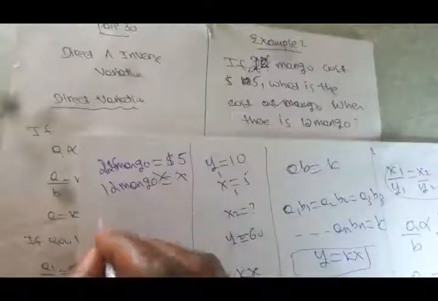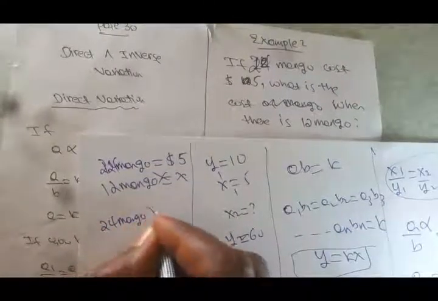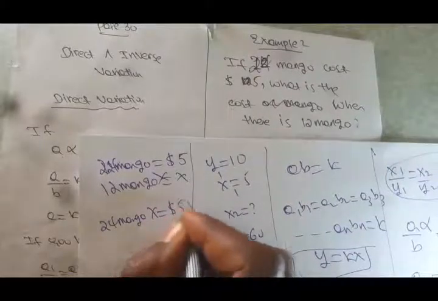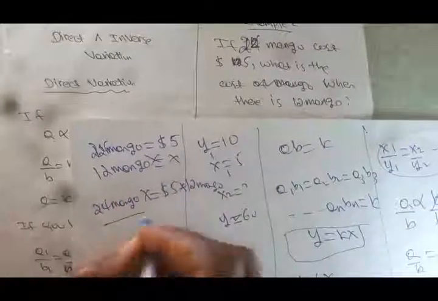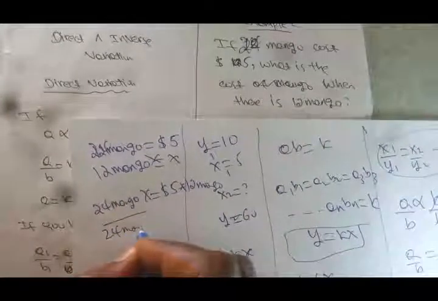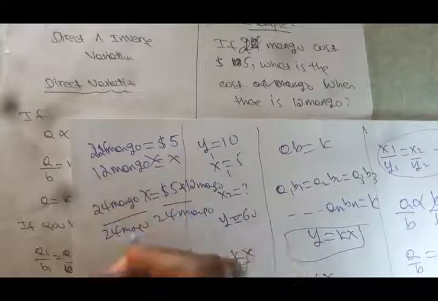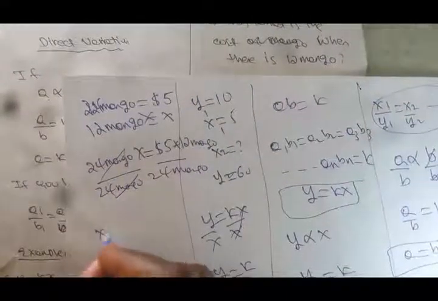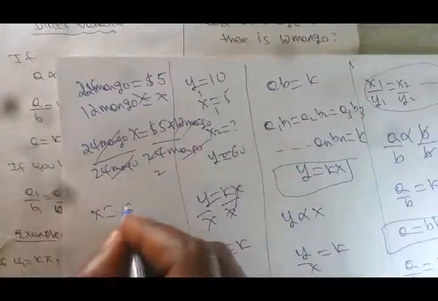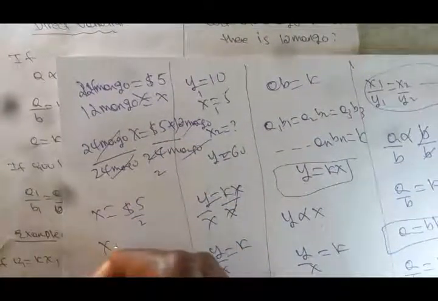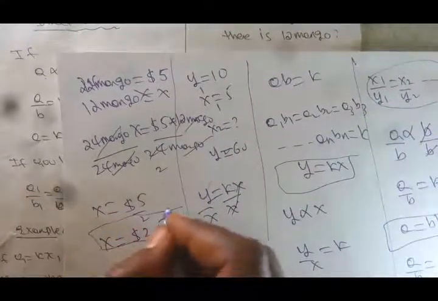Therefore, cross-multiplying, 24 mangoes times x is equal to $1.05 times 12 mangoes. To find x, we divide by 24 mangoes on both sides. This will be cancelled by this, mango is cancelled by mango, and this simplifies by 2. $1.05 over 2 is equal to x, so x is equal to about $2.5 will be the cost in order to buy 12 mangoes.